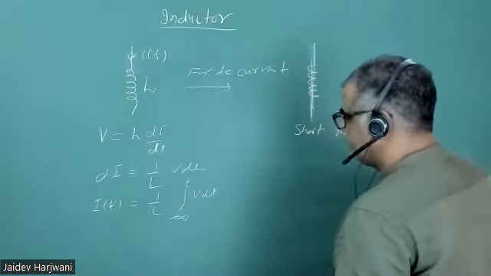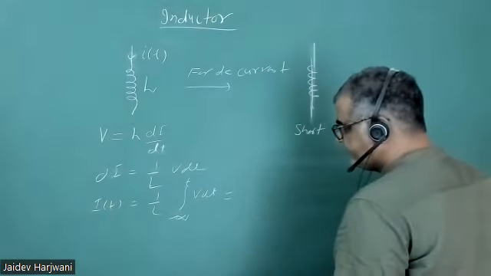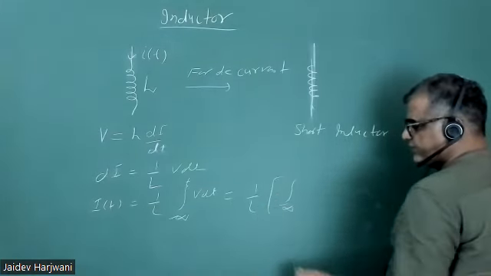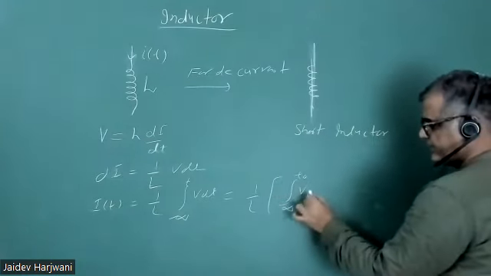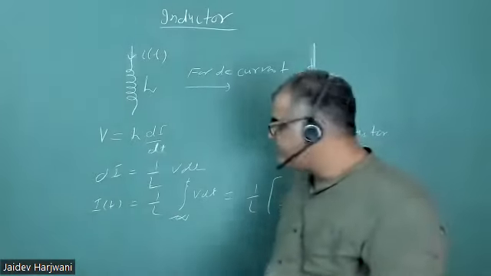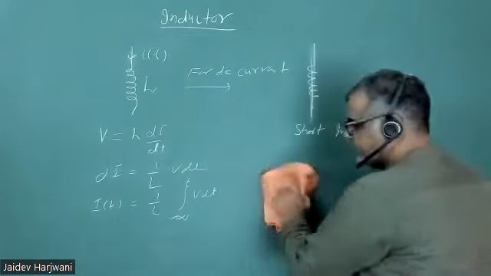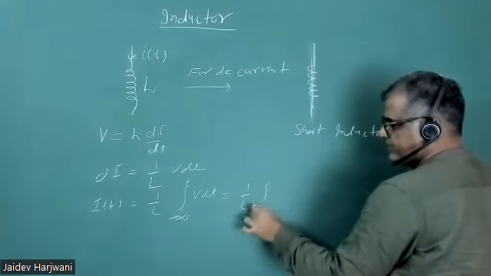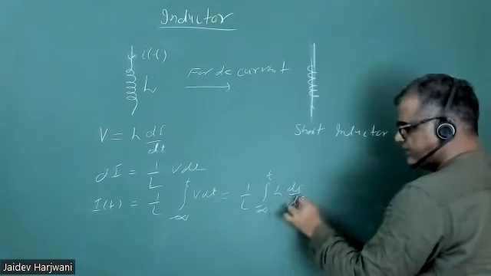And if you want, you can break this limit. This will become minus infinity to some t0, v dt. And then you can also replace this v by the current. So this will become 1 upon L, where v is L di upon dt.